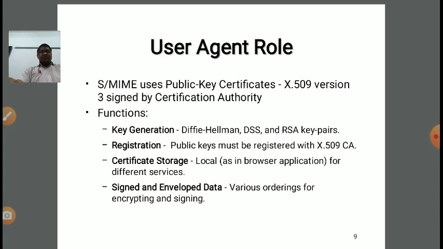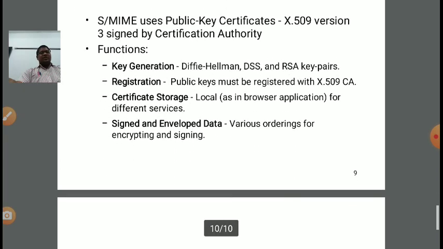Right now, some functions: for key generation, a Diffie-Hellman, DSS or RSA key pair is used. For registration, public keys must be registered with an X.509 certification authority. Certificate storage can be local, as in a browser application for different services. Signed and enveloped data can use various orderings for encryption and decryption.